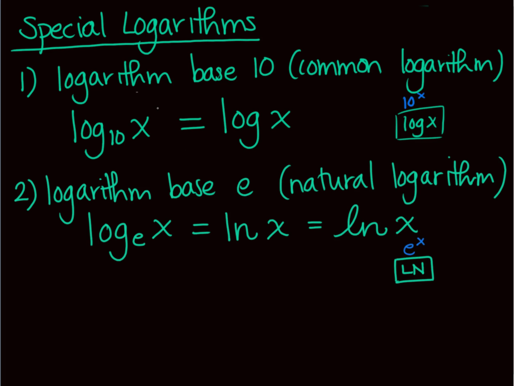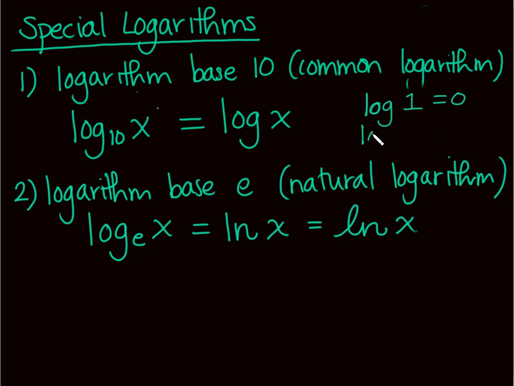A couple things about these. Sorry, I should have done it up here. But stuff that we already know is true for any base: if I have log of 1, that must be 0, right? Because that's saying, what do I raise 10 to get 1? And the other one that's just true for this one is if I have log of 10, that's going to equal 1, right? Because what do I raise 10 to get 10? That would be 1.